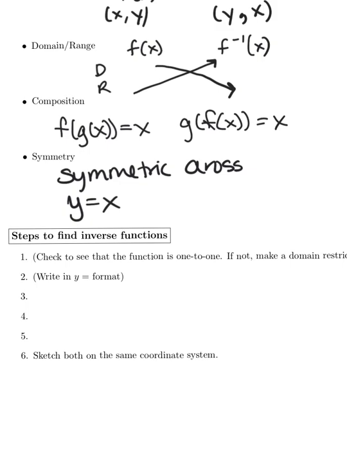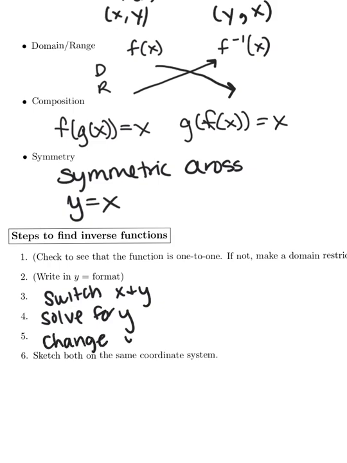And then we're going to switch x and y. We're going to solve for y. And then we're going to change to the notation. We're going to change the y to our inverse notation. And then you check it by graphing, and make sure that a function and its inverse would be a reflection across the line y equals x.